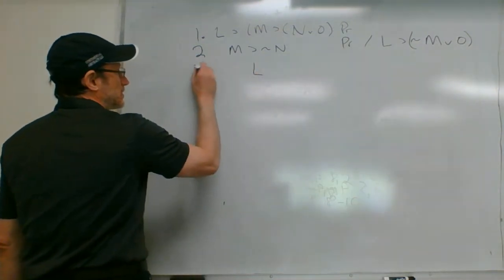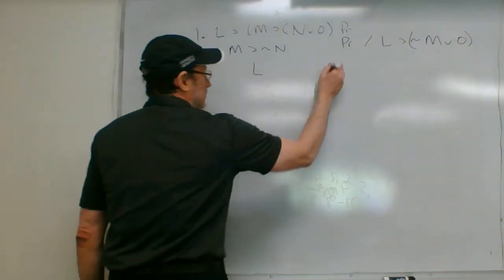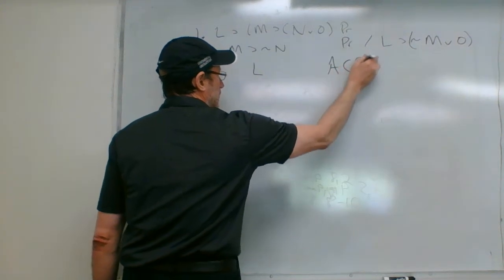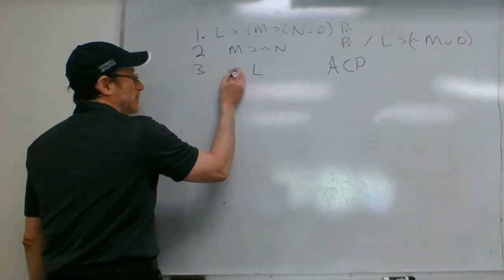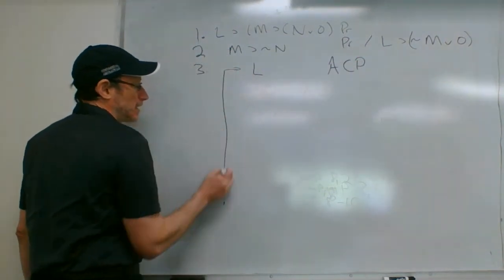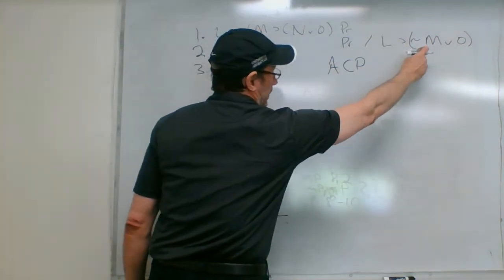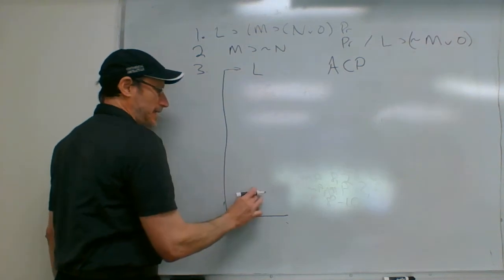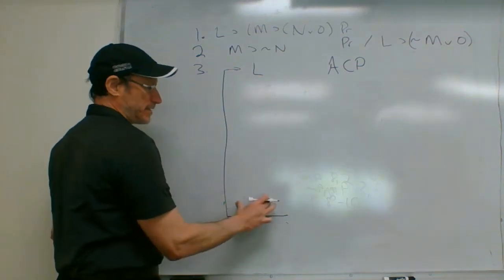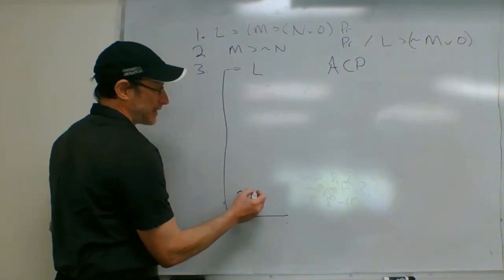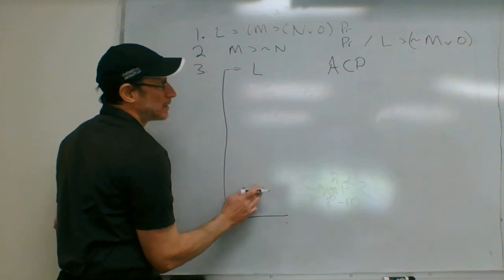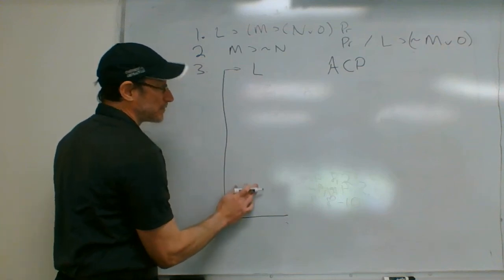So I would go step 3, assumption for conditional proof. I'm going to make my scope marker indicating that I'm going to assume L, cut off the scope marker, and put the consequent on the top of the scope marker, or in this area right here, not M. Well, this doesn't need a parenthesis now, right?